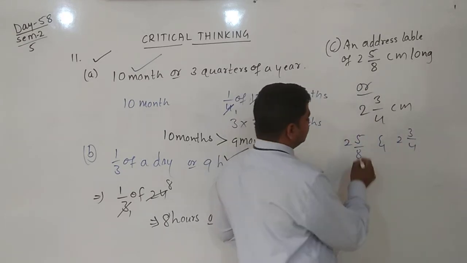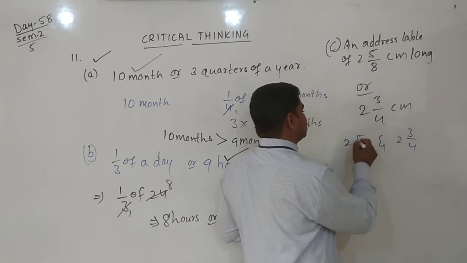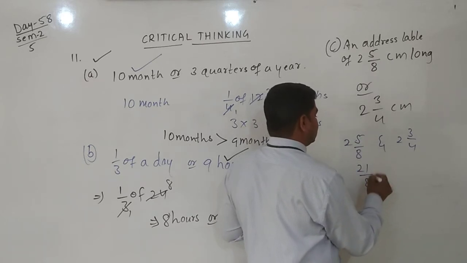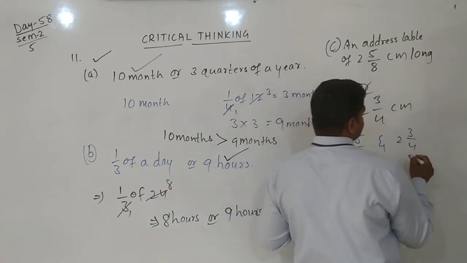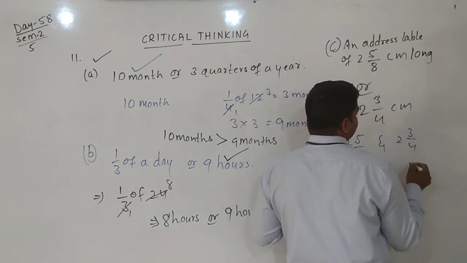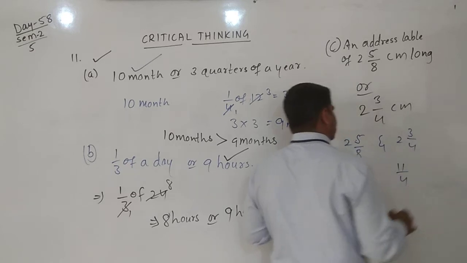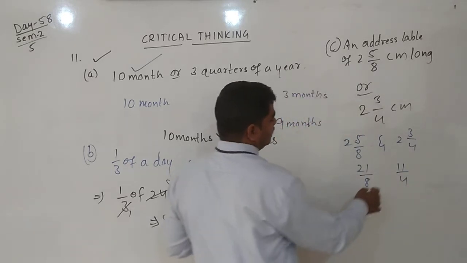How much is it? This is nothing but 2 eights are 16 plus 5, 21/8. Then this one is 4 twos are 8, 8 plus 3, 11/4. Compare these two.